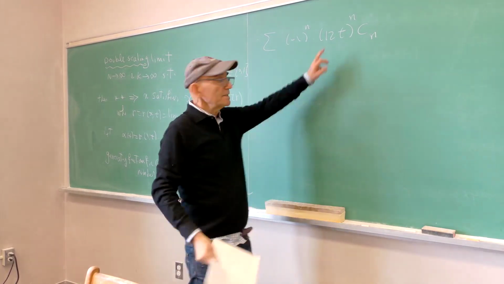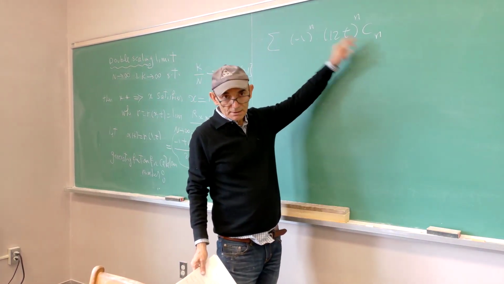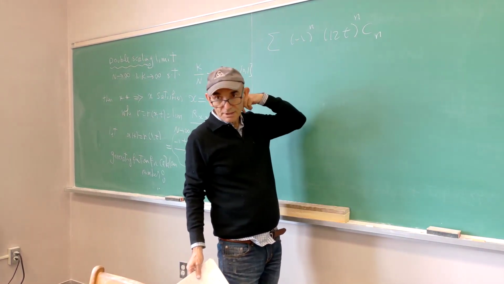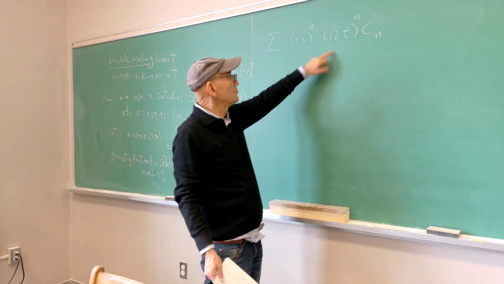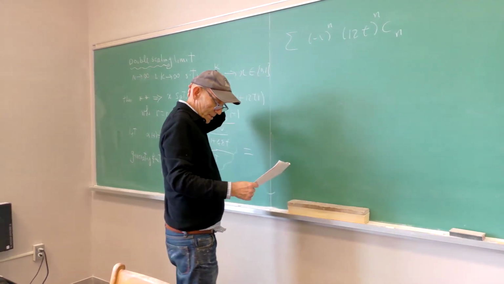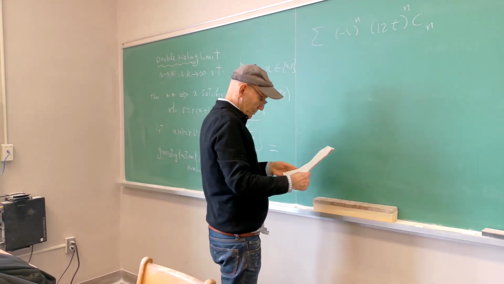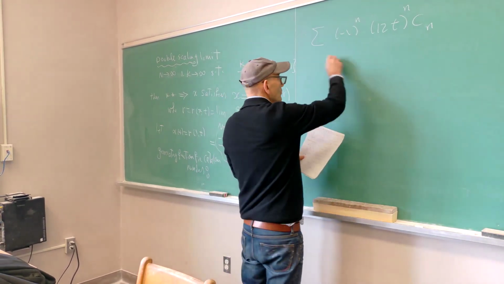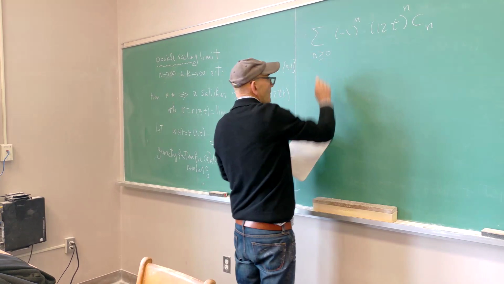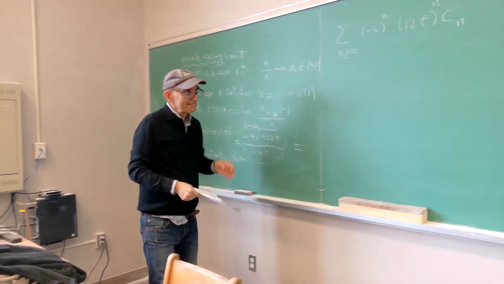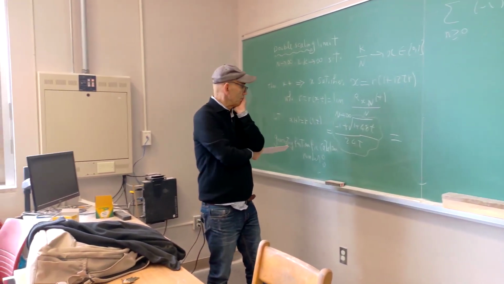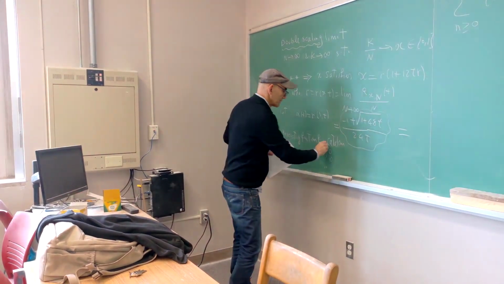I had t and cn in the quadratic equation I derived, but it's 12t; that's the same. Yeah, Catalan numbers.